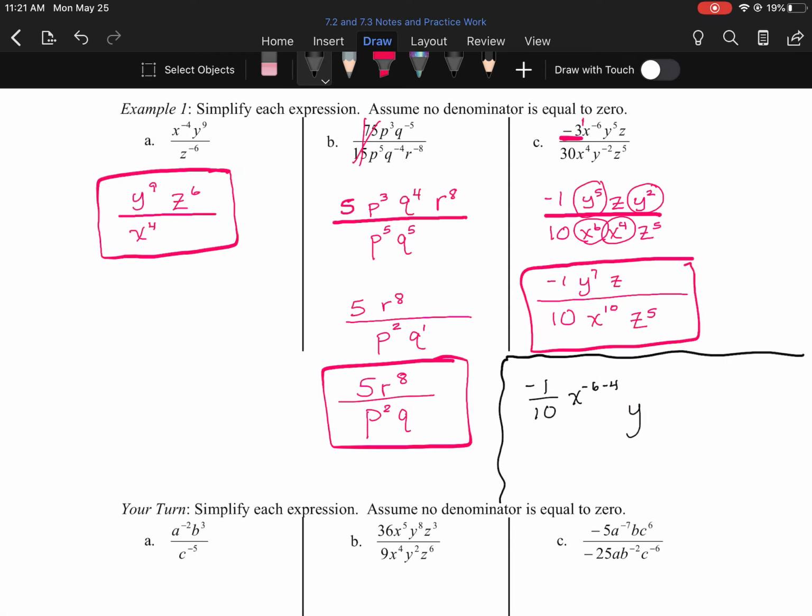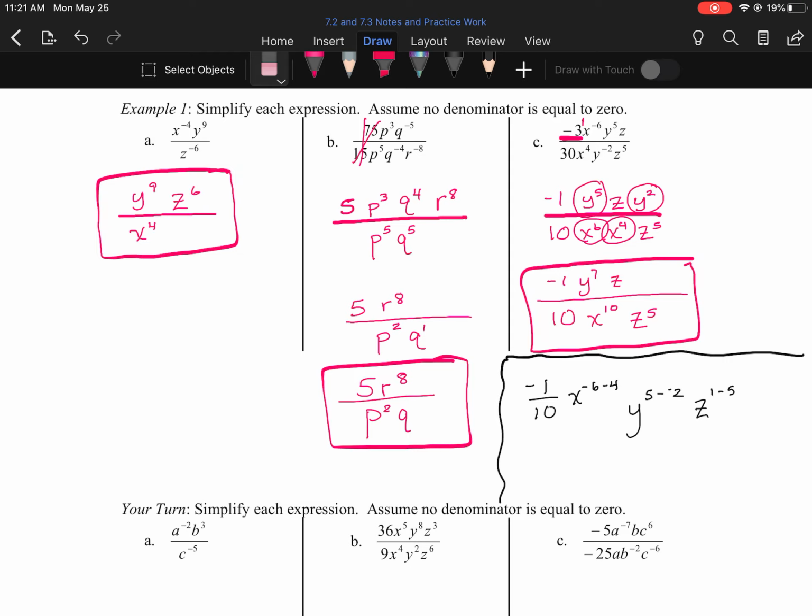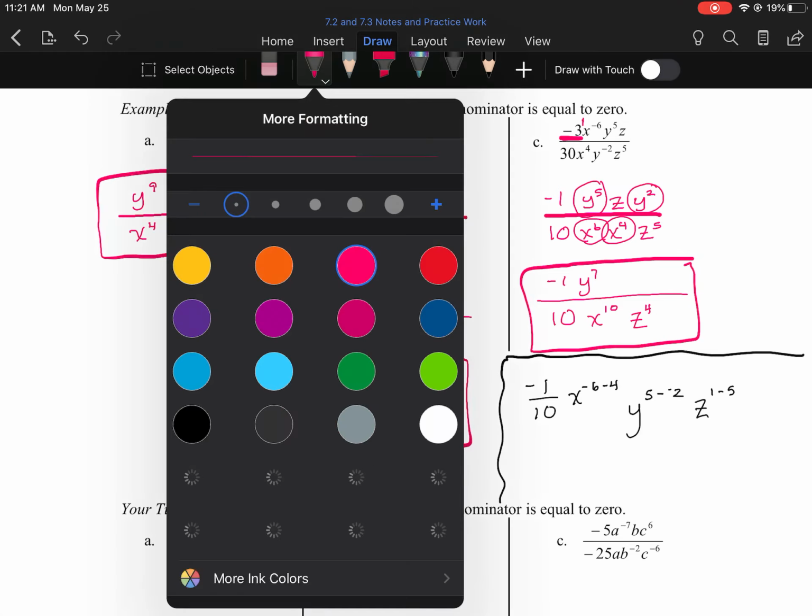Then I would get y to the 5 minus a negative 2. And then I would have, oh, I just realized I need to simplify those then. Then I would have z to the 1 minus 5. You know what, I'm going to go back up and simplify these. I simplified everything else but my z's, so that's going to go away, and that's going to be to the 4th. Okay.